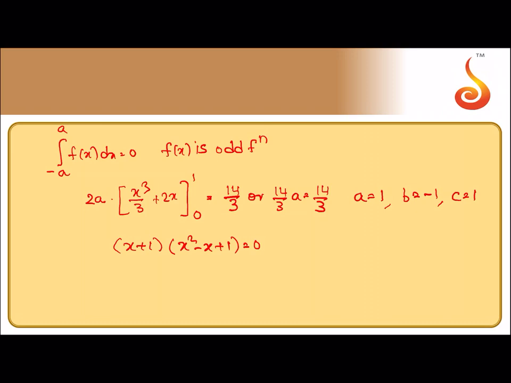From this we get a equal to 1, b equal to minus 1, and c equal to 1. So finally the equation we get is (x plus 1) into (x square minus x plus 1) equal to 0, which is the required equation.